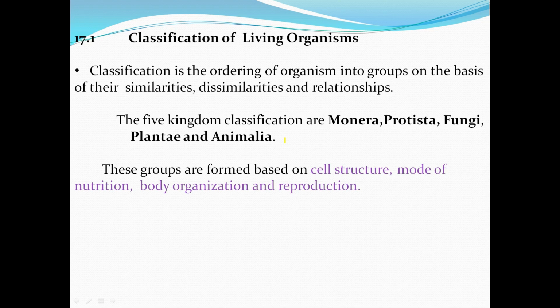These groups are formed based on cell structure, whether they are prokaryotic or eukaryotic; second, mode of nutrition, whether autotrophic or heterotrophic; third, body organization, whether cell level, tissue grade, or organ grade of organization, etc.; and finally, reproduction. So these groups are formed based on cell structure, mode of nutrition, body organization, and reproduction.